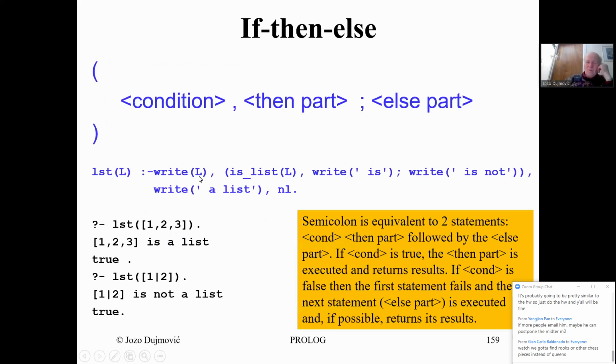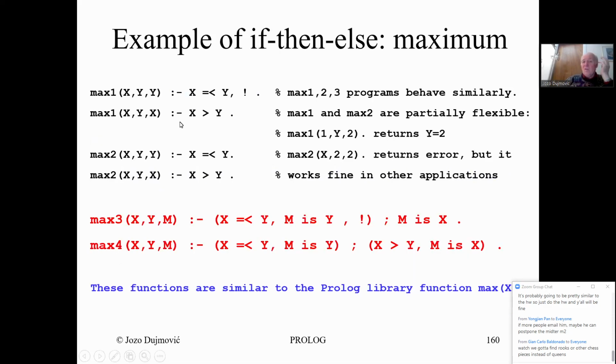Now, if-then-else is something that is frequently used in finding maximum and minimum. Of course, you have maximum and minimum as library functions, but they work with 2 variables. So here is homemade maximum and minimum, and I have several slides that are investigating that.